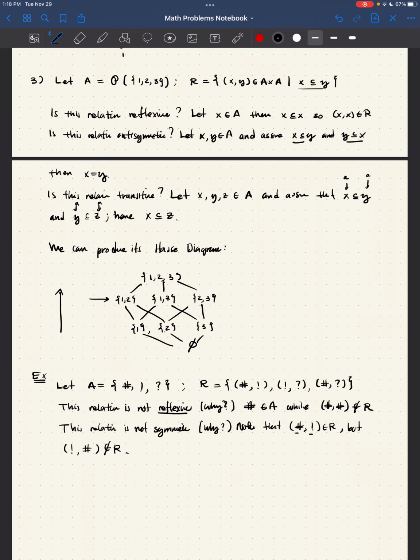Is this relation transitive? Yes. But it is also anti-symmetric.